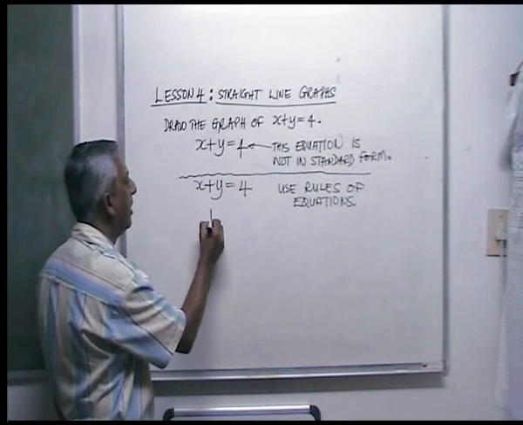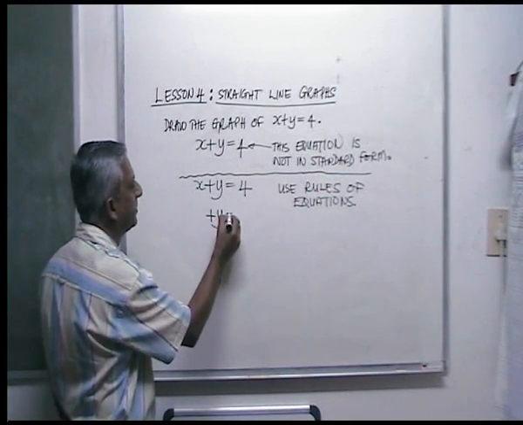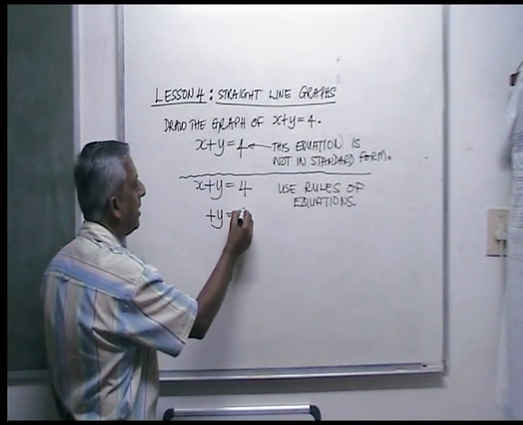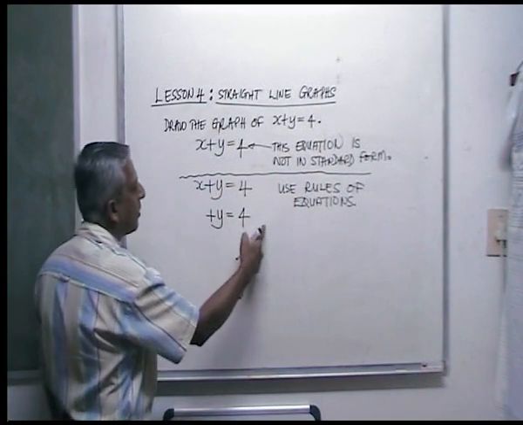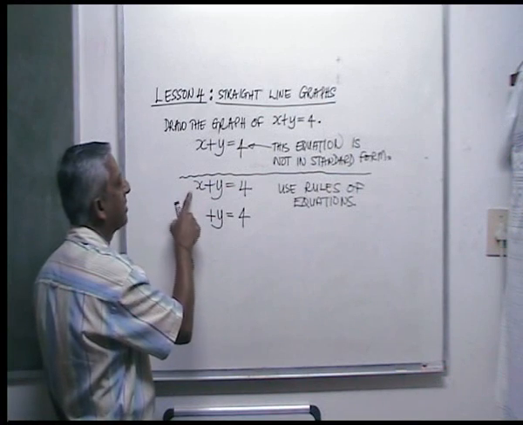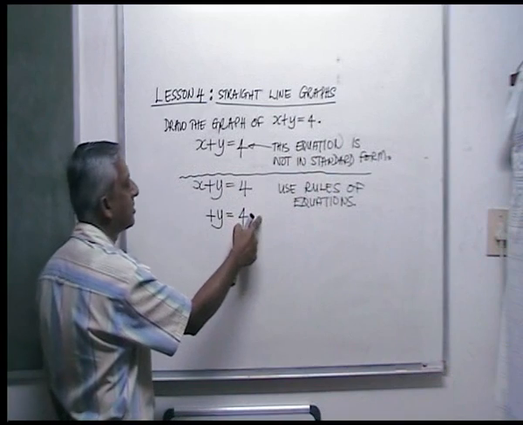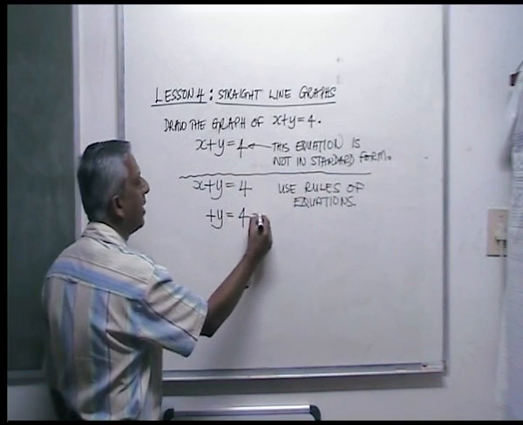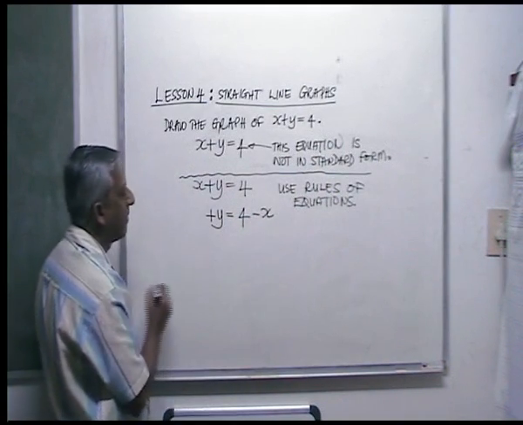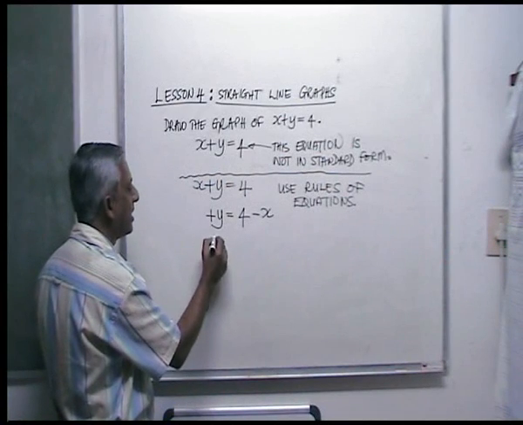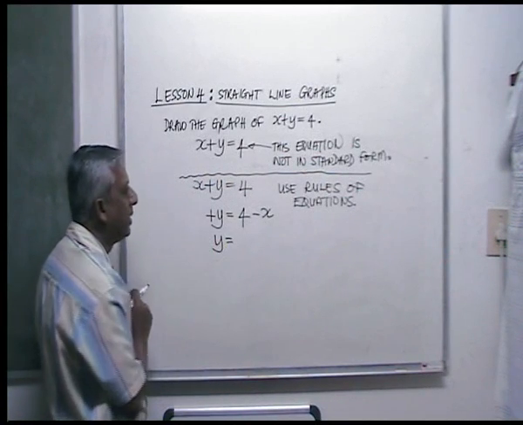So all I will do is I will leave the plus y here, I will leave the 4 there, and I will take the x across. Now if I take plus x across that side, it will become minus x. So I don't have to write the plus, I can just say y is equal to.